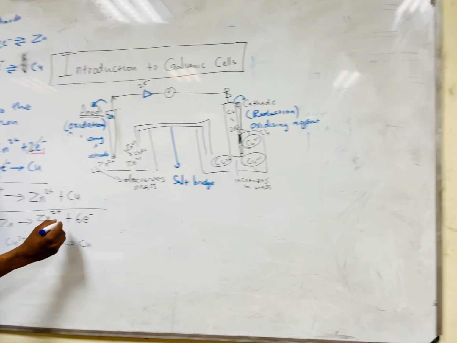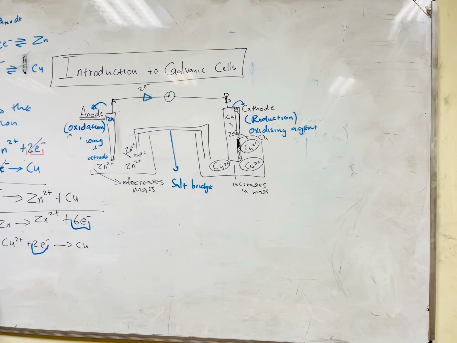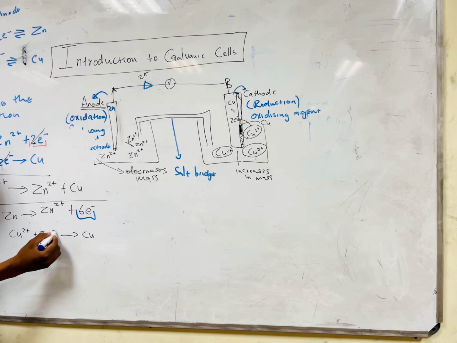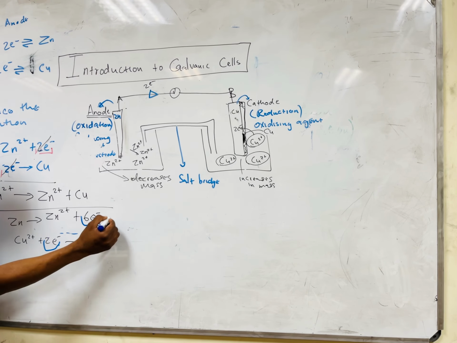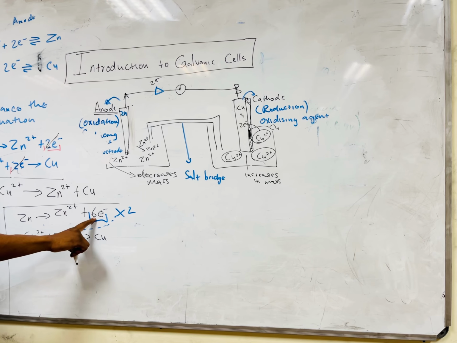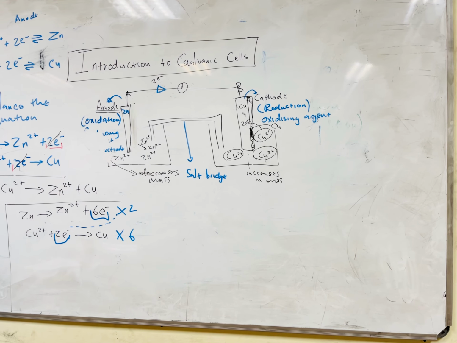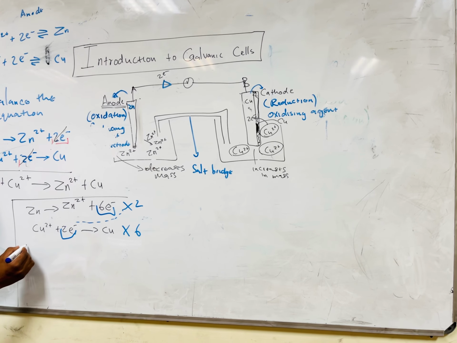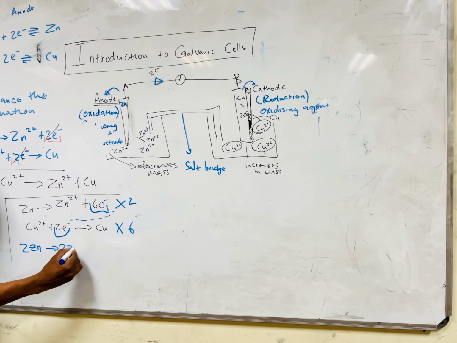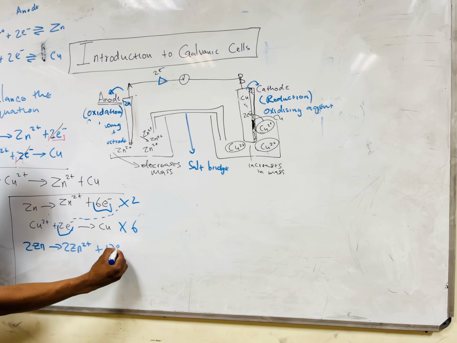So now do you notice that the electrons are not balancing? If the electrons are not balancing, this is what we do. You take this number of your electrons and multiply the equation underneath. What do we have in there? We have 6e⁻. It means that underneath we must multiply by 6. That's how we balance the electrons. Multiply everything by 2, we're going to have 2Zn into 2Zn2+ plus 12e⁻.